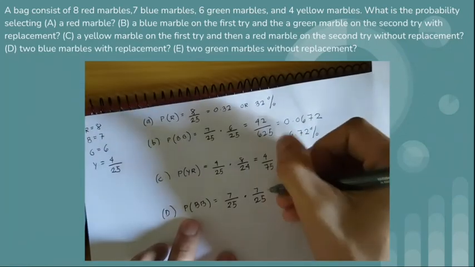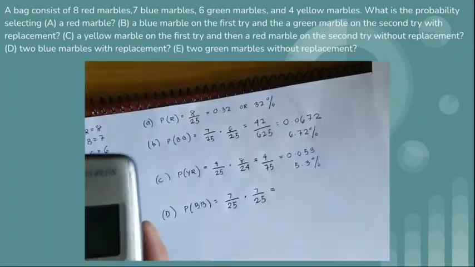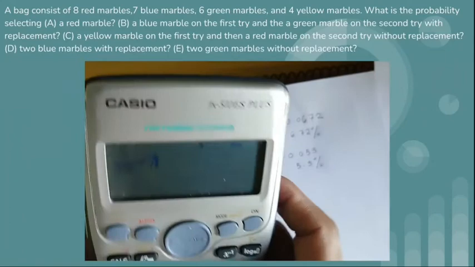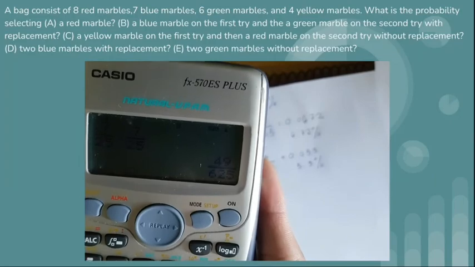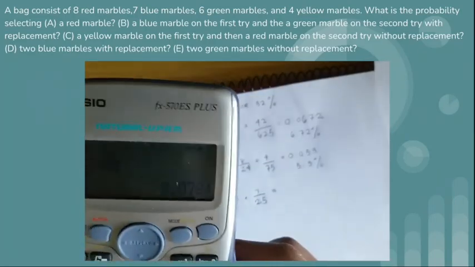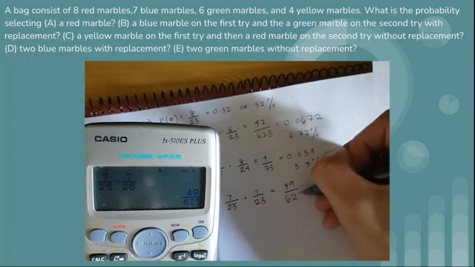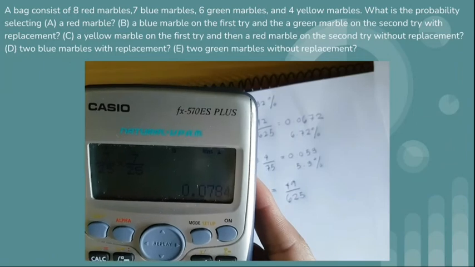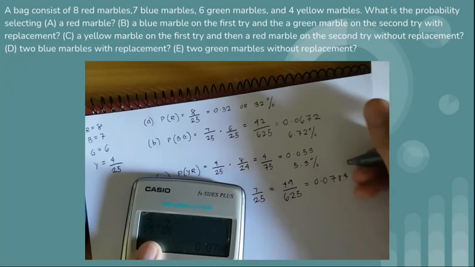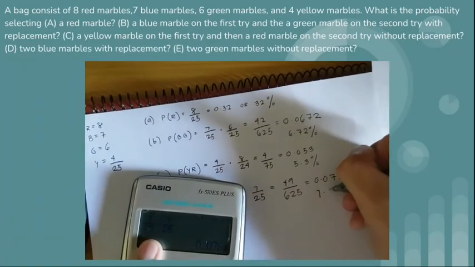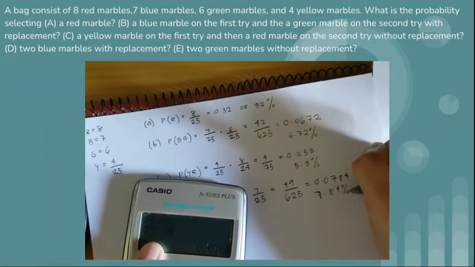Since dalawa siyang blue, magkaparehas lang. So, it is equal to 7 over 25 times 7 over 25 equals sa 49 over 625 or 0.0784. In percentage, it is equal to 7.84%.